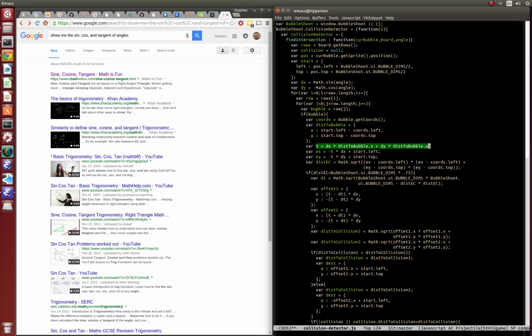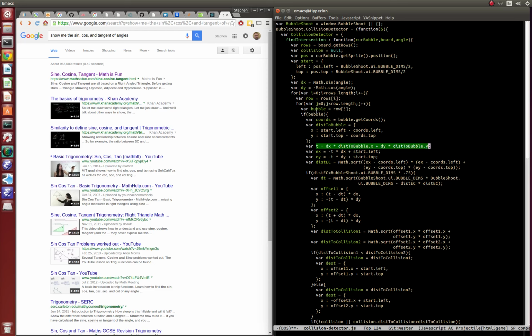So dx times t plus start. var t equals, so here it is. This line tells us at what proportions of the fired bubble's total movement it will be closest to the candidate bubble center. From this, we can calculate the screen coordinates where this happens.